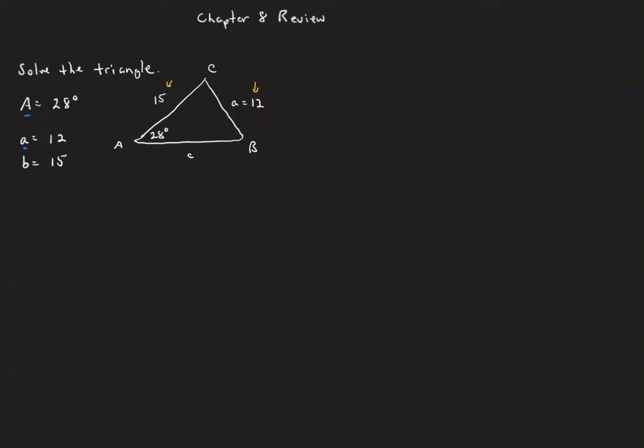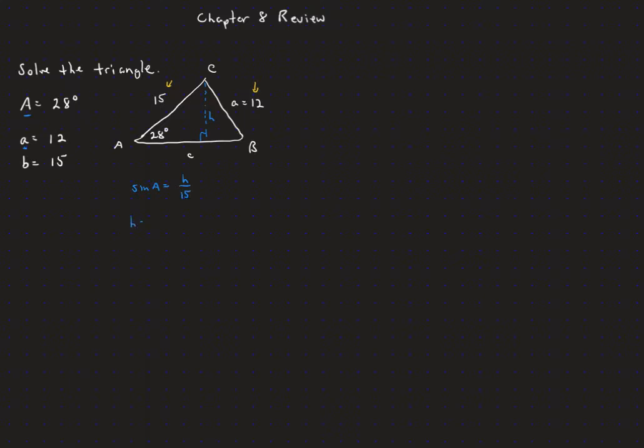So then I have to say, let's drop in that perpendicular. I'm going to call that H. And let's see what the length of H is. H makes this into a right triangle on the left. So I can say that the sine of angle A is going to be the opposite H over the hypotenuse 15.